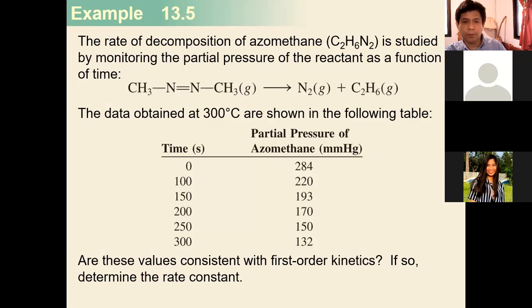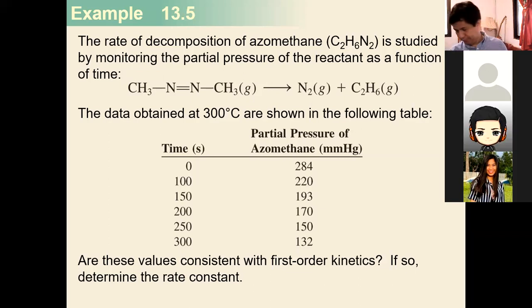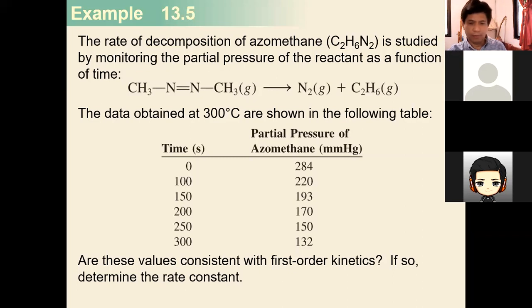In confirming that this is a first order reaction, you need to show that the ln of the partial pressure versus time should be linear, or the r value should be approximately equal to 1.